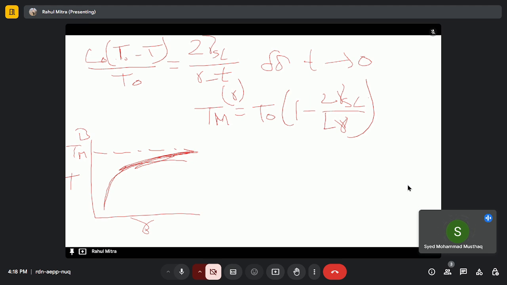Now what happens if my nanoparticle is embedded in a matrix, right? Then what happens?